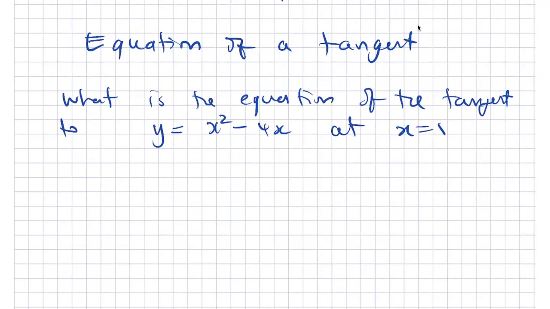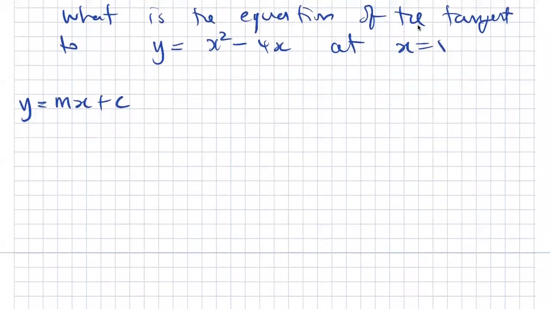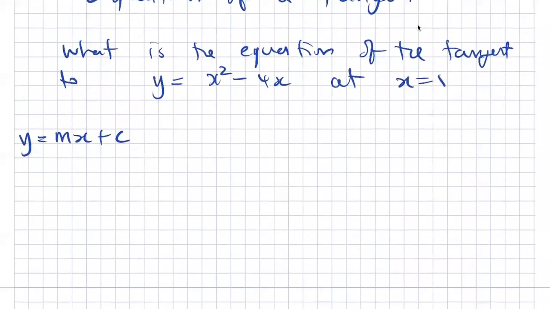And remember, because the tangent is a line, it has an equation in the form of y equals mx plus c. Right, so let's give that a crack. What do we do?